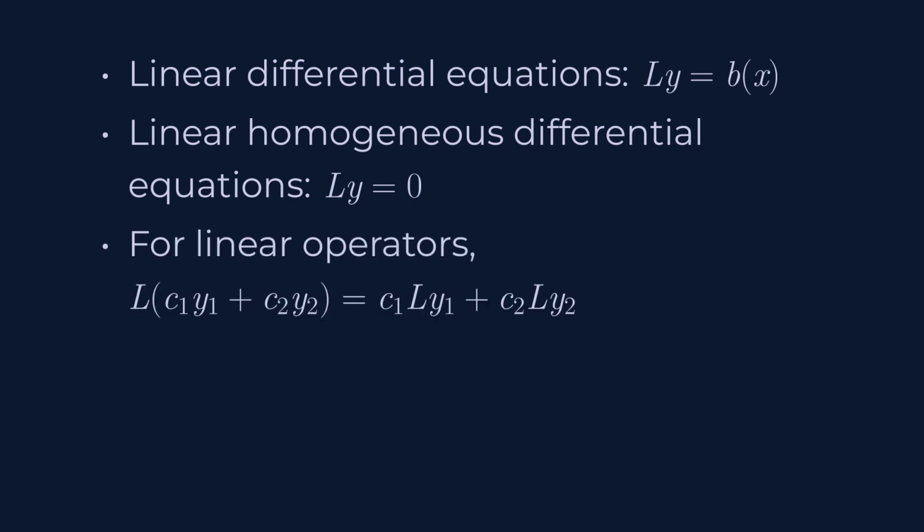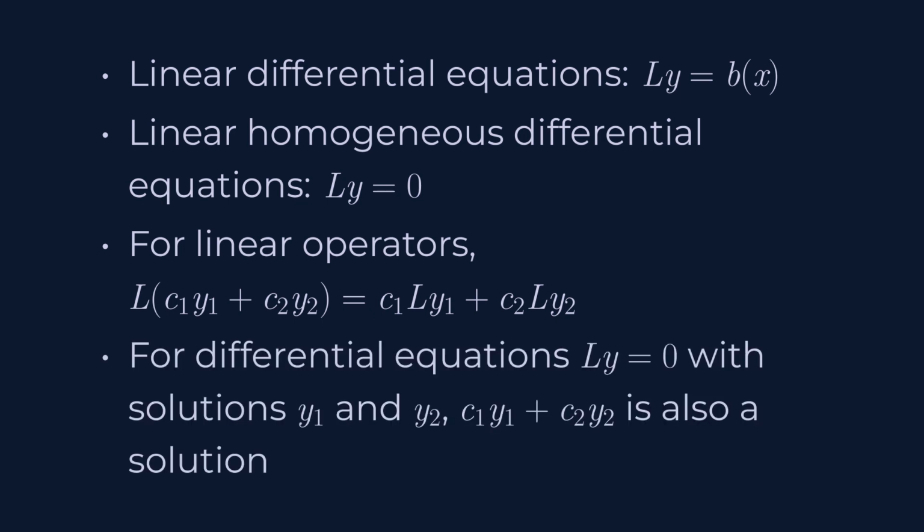For linear operators, we have the property that if we apply that operator to a linear combination of two functions, that is going to be equal to the linear combination of that operator being applied to those functions individually. Which means that for differential equations of the form Ly is equal to 0, or linear homogeneous differential equations that have solutions y1 and y2, the linear combination of y1 and y2 will also be a solution.